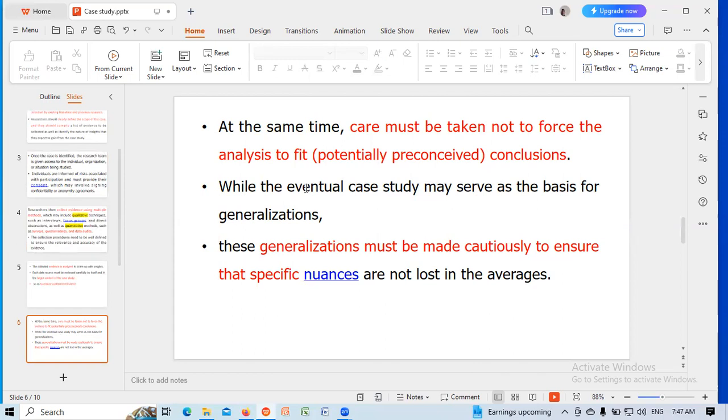At the same time, care must be taken not to force the analysis to fit potentially preconceived conclusions. While the eventual case study may serve as the basis for generalization, this generalization must be made cautiously to ensure the specific norms are not lost in the average.